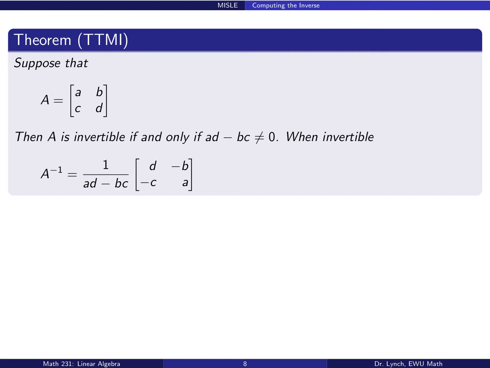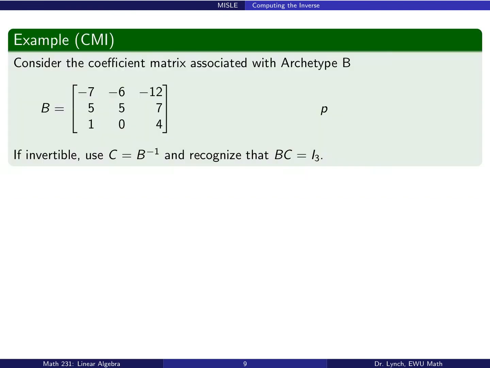And when the matrix is invertible, this is the formula for the matrix inverse. Generally speaking, there's not such an easy formula for the inverse, but it is a handy thing for the 2x2 case. This is a theorem in the textbook. I'll have you read this, and for the most part, we're just going to use this on occasion.